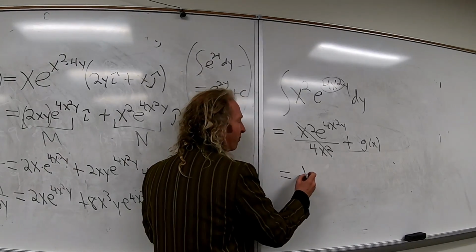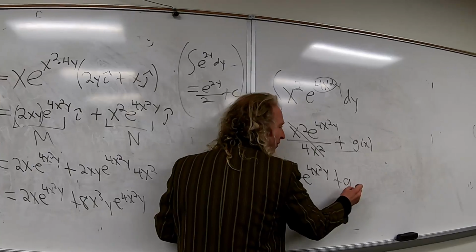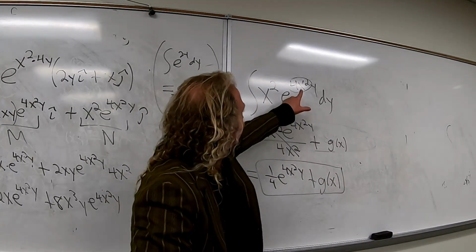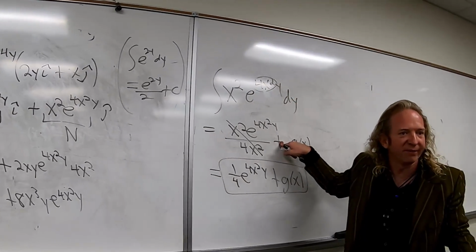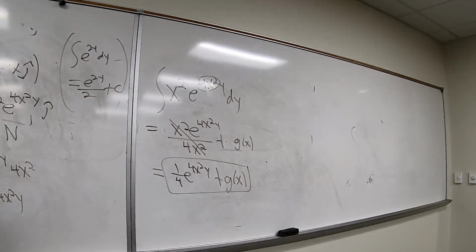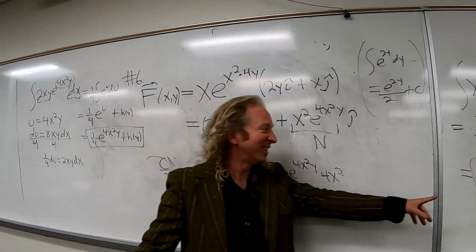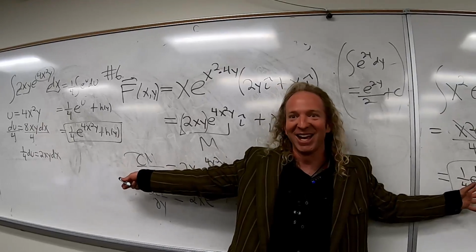So this is 1/4 e to the 4x squared y plus g of x. I'm going to put this in a box because that's important. If it was like e to the 4y, you divide by 4. Look, they're the same. If those e's are different, something is horribly wrong. That's how you know.